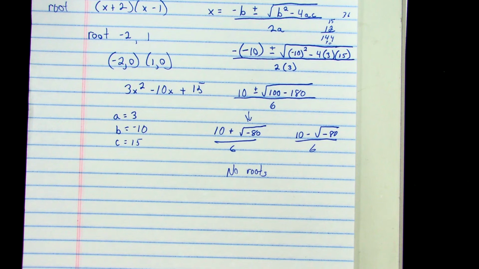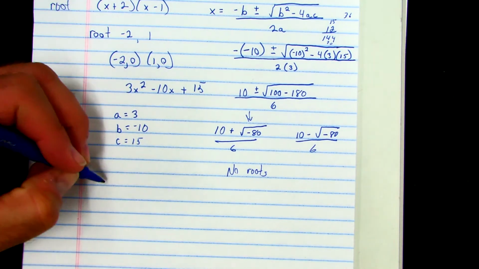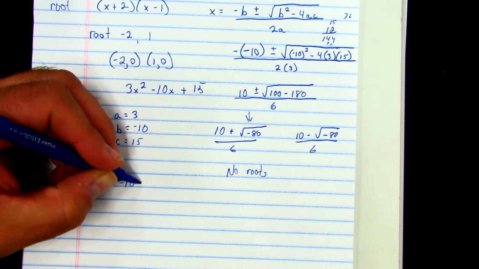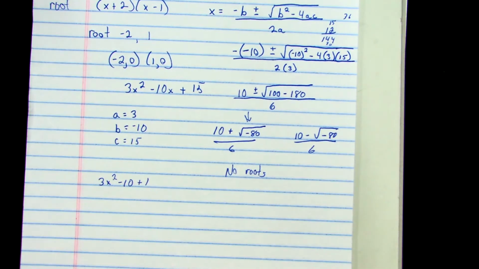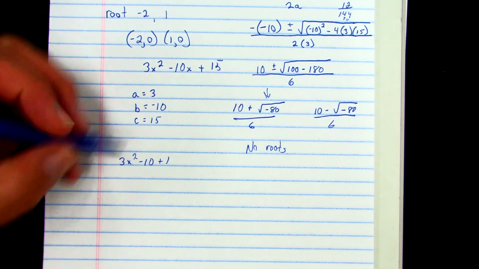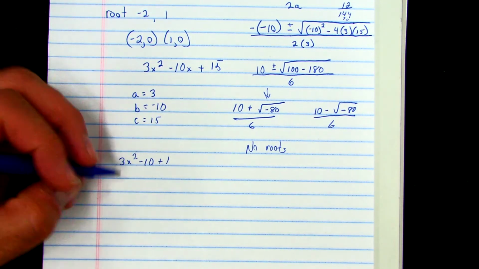So let's change the problem a little bit so that we don't have that issue. I'll do 3x squared minus 10x plus 1. Here I'm doing my second problem, using numbers that will give me some additional math to do.